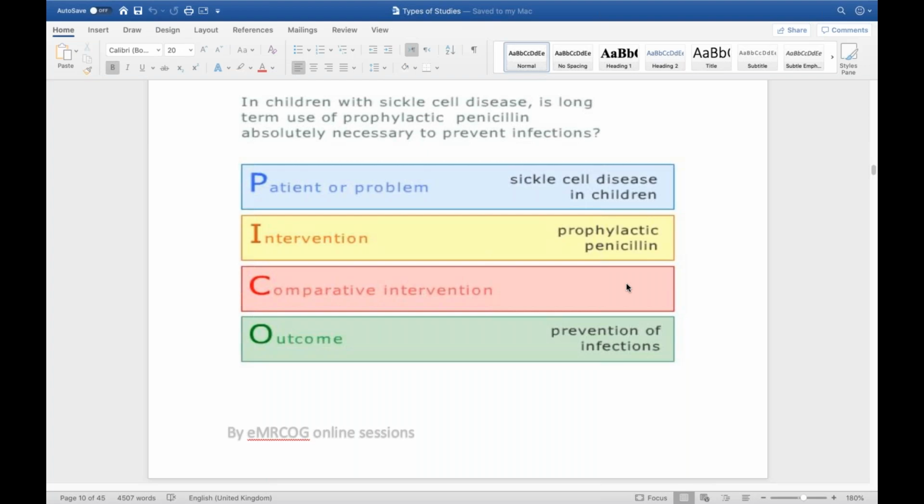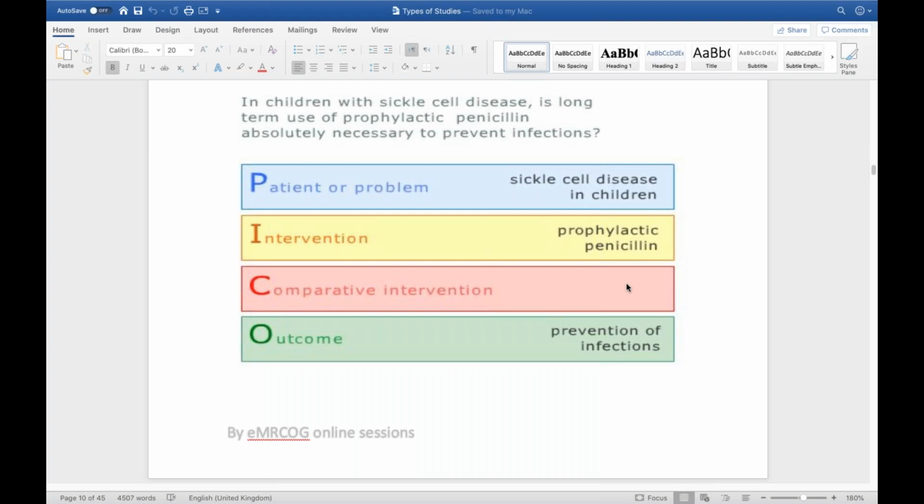If you don't know as well, as a doctor, you are blinded, and the patient doesn't know, so the patient is blinded as well, and that's what we call double blinding. You would say this study is double blinded.